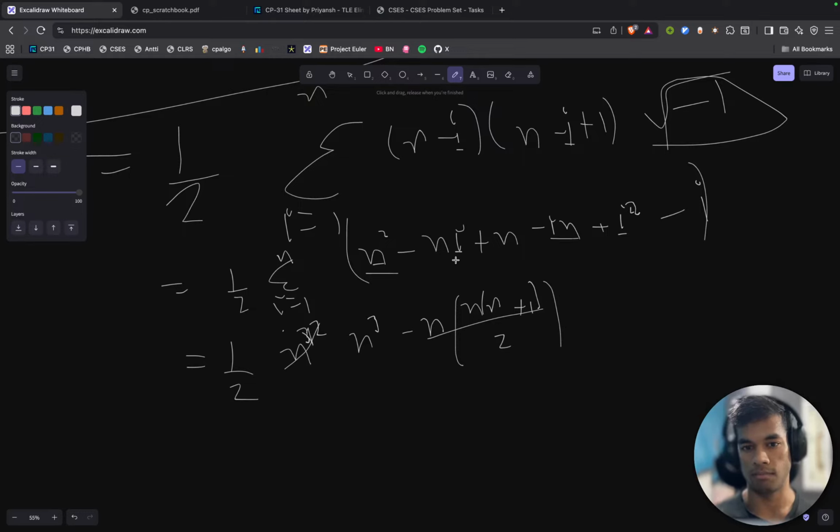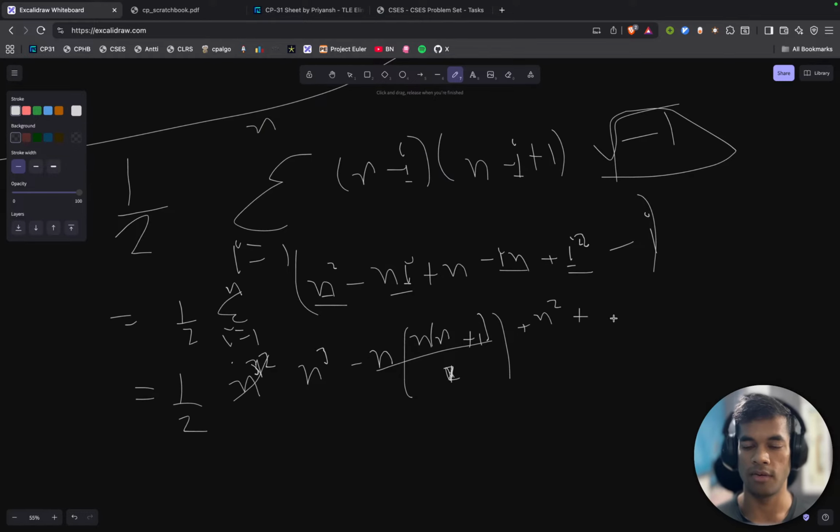And this, so I can remove this 2, because half plus half plus n square plus, now is the thing, all right?